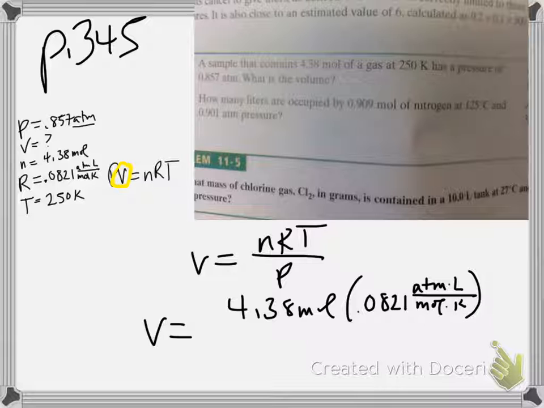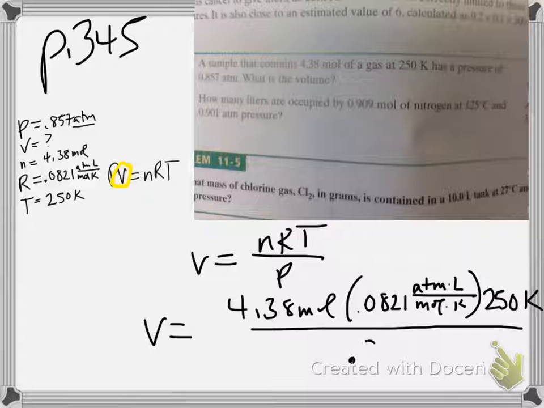There's a reason for writing those units when you do this. Times 250 Kelvin, all over 0.857 atm.